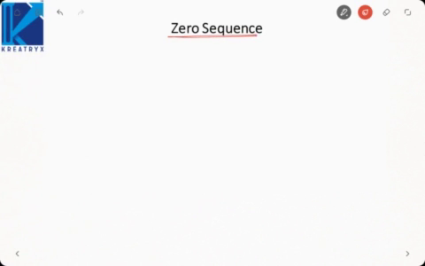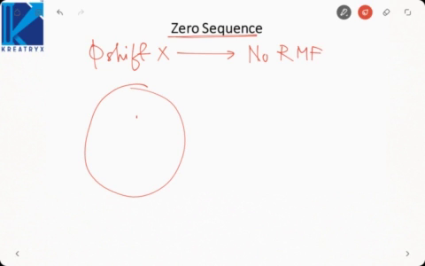In case of zero sequence, what happens? Since there is no phase shift, there is no rotating magnetic field. Now in an alternator, how are my windings arranged?